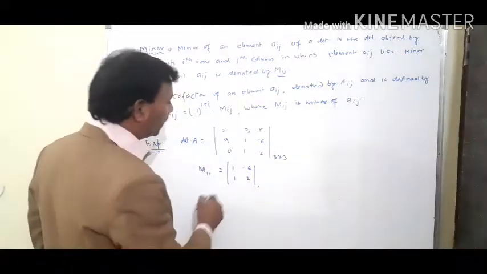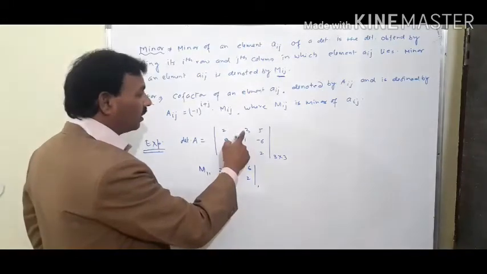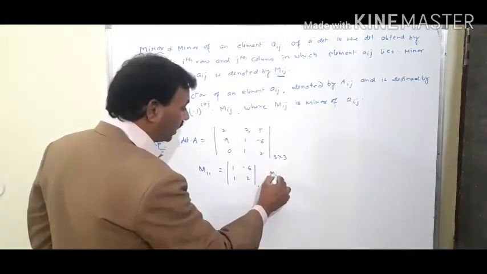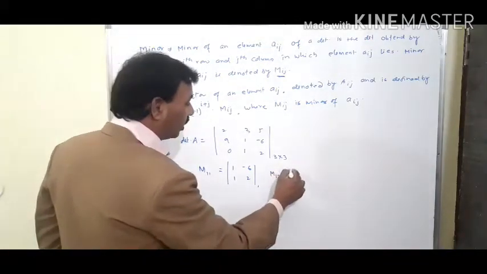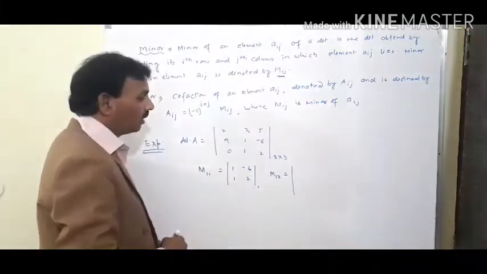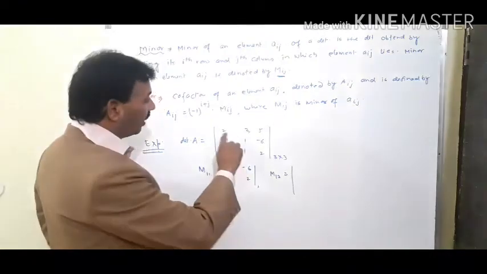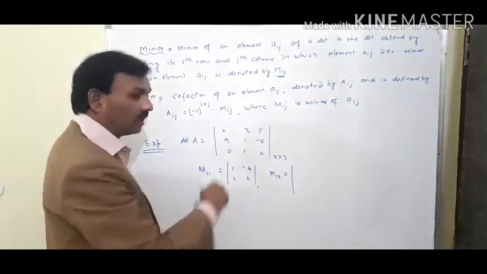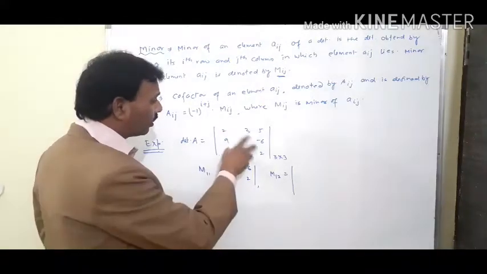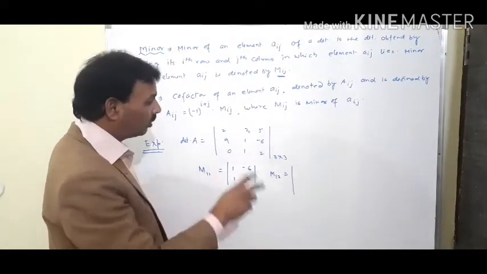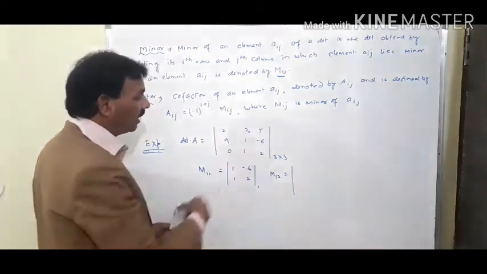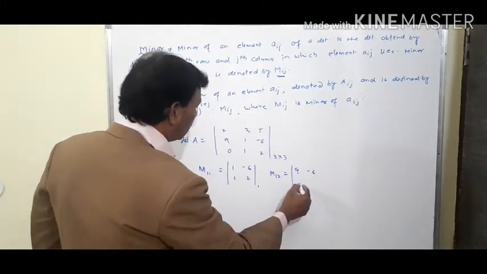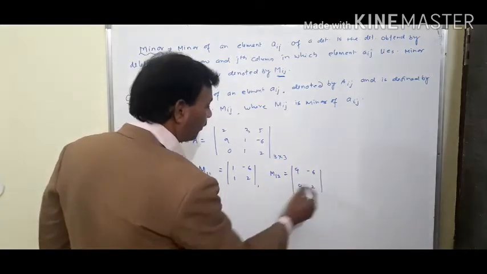If you want to find the minor of the element of the first row and second column, that means M12 equals, you should delete all elements of the first row and all elements of the second column, and form a new determinant of the remaining elements. That means 9, minus 6, 0 and 2.